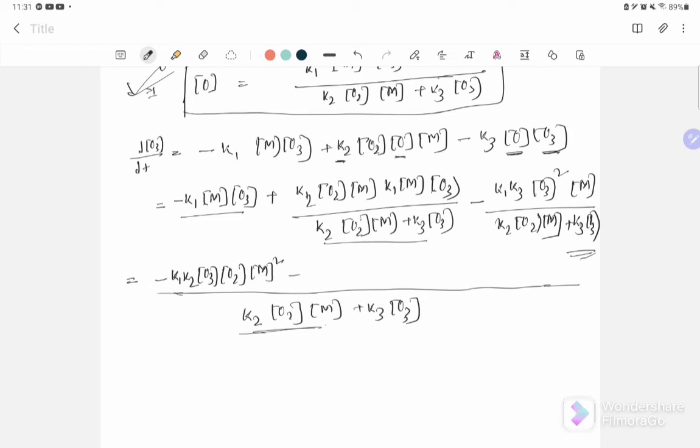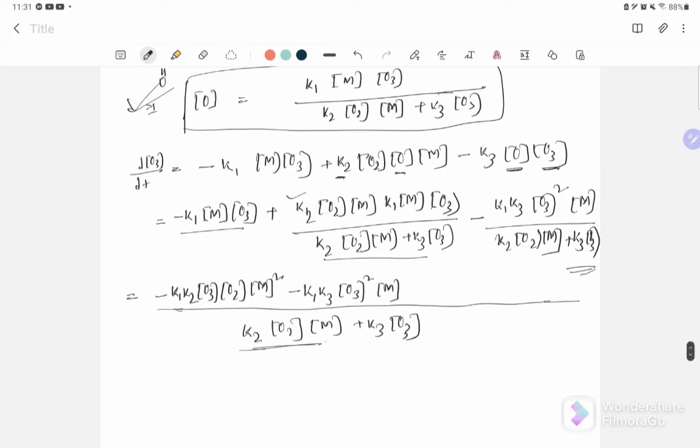The second term will be minus K1 K3 [O3] squared [M]. So here M, there is 2M, so K1 K2 plus K1 K2 [O3][O2][M] squared. And the last term will be minus K1 K3 [O3] squared [M].